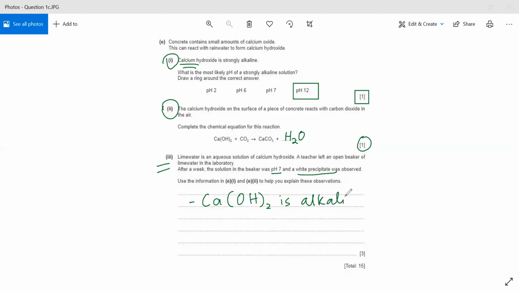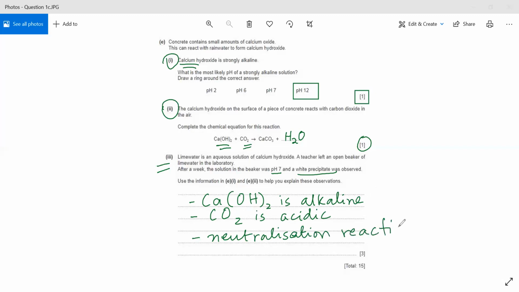We saw that this calcium hydroxide was reacting with carbon dioxide, which is acidic. So when they react, a neutralization reaction occurs, because they neutralize each other.